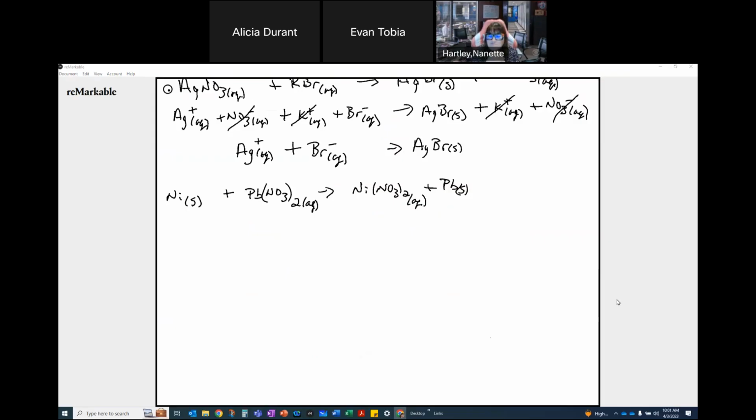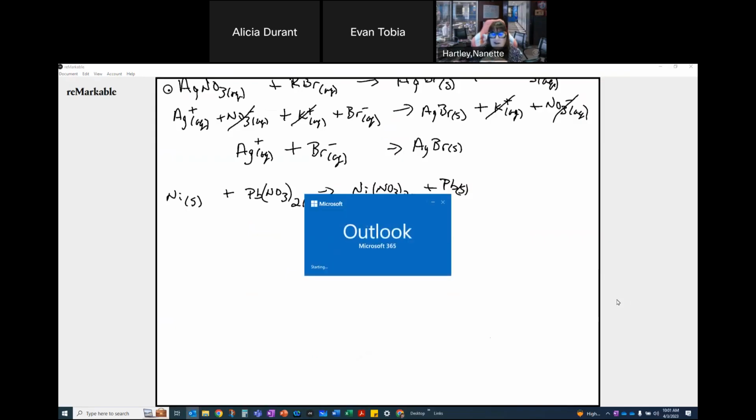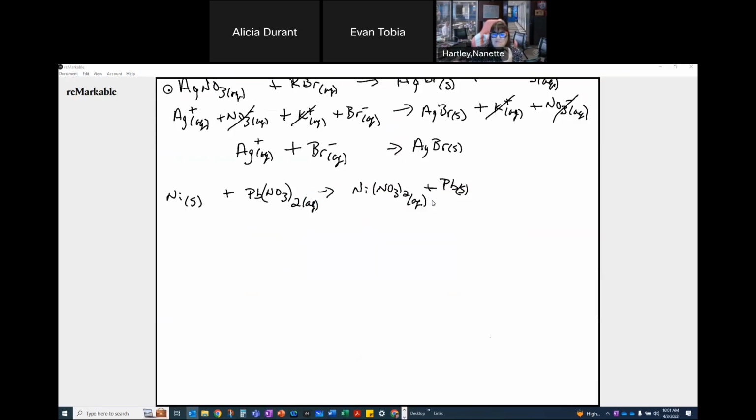And nickel nitrate will be aqueous on the product side now. And I know that lead is a solid. Ni would just be... well, this one is negative.